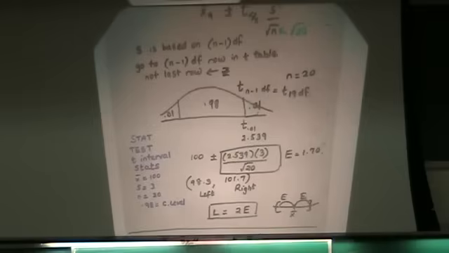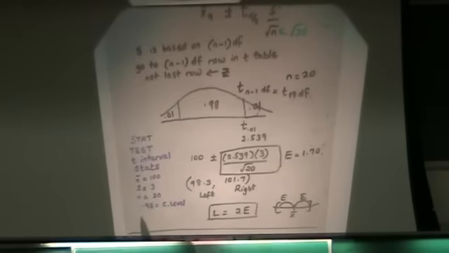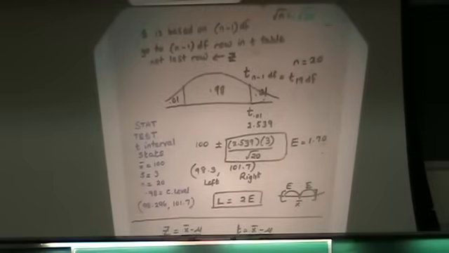I want to make sure that I get an answer similar to what I got. When you hit enter, what is it? 98.296, 101.7. Good enough, right?